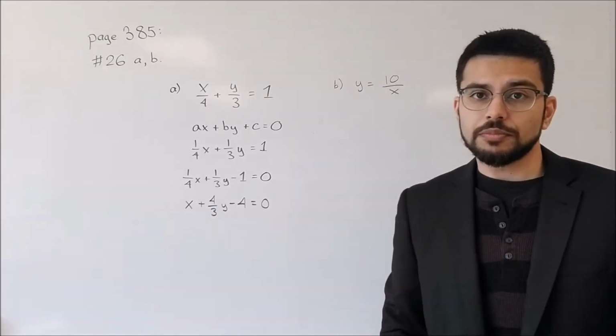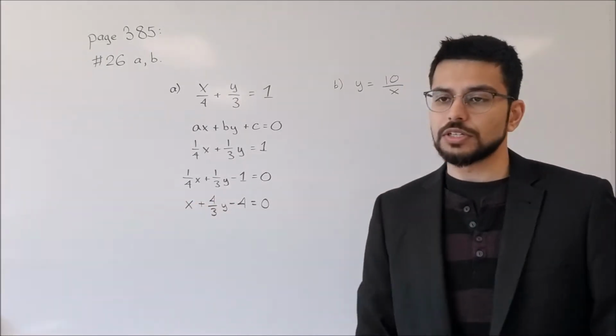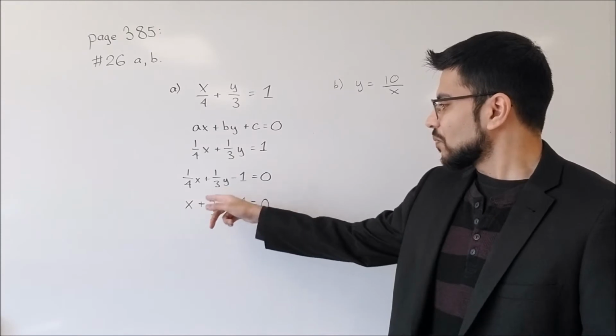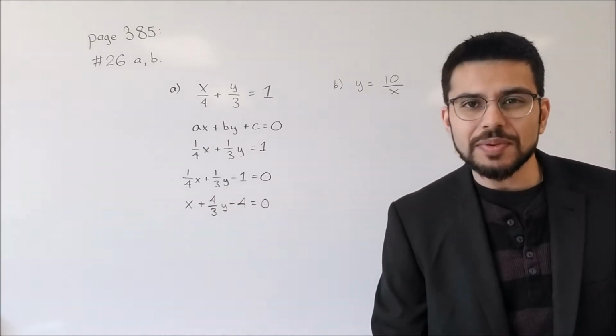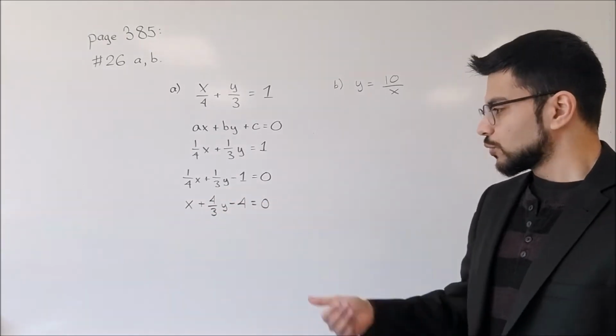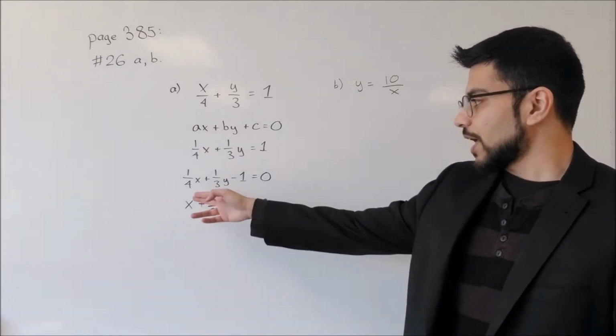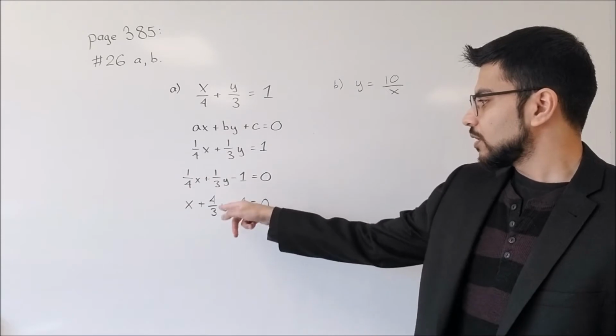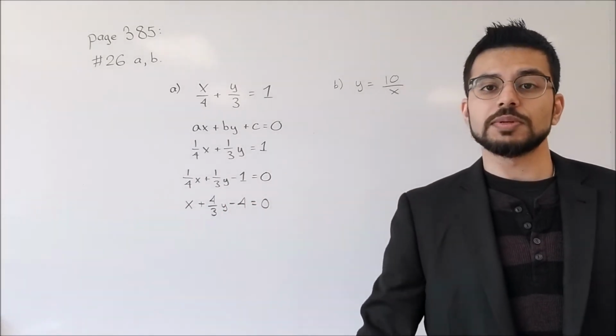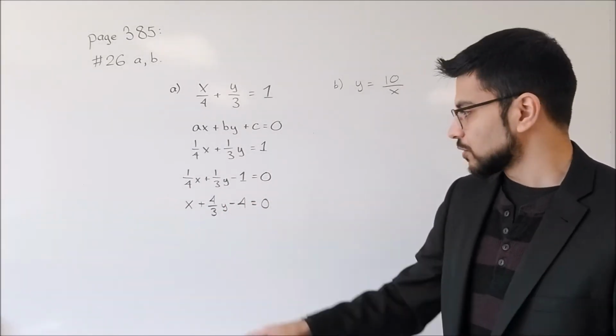Technically, you could stop here because you do have a whole number in front of x. We said that it doesn't really matter what's in front of y, but you could actually clean this up. It's a very simple step. You do the exact same thing you did with x to clear up the 4/3. So you can multiply everything by the bottom of the fraction, which is a 3.